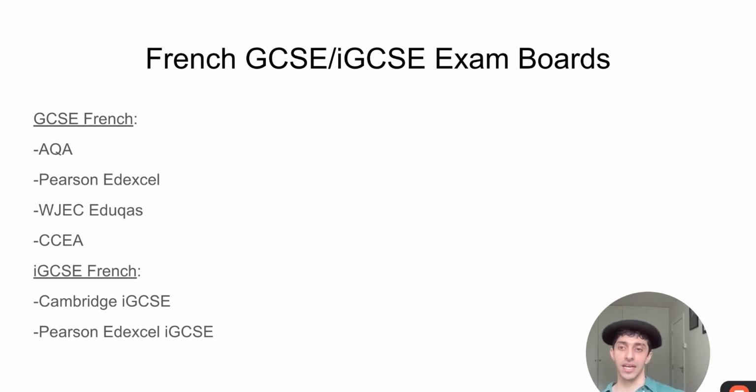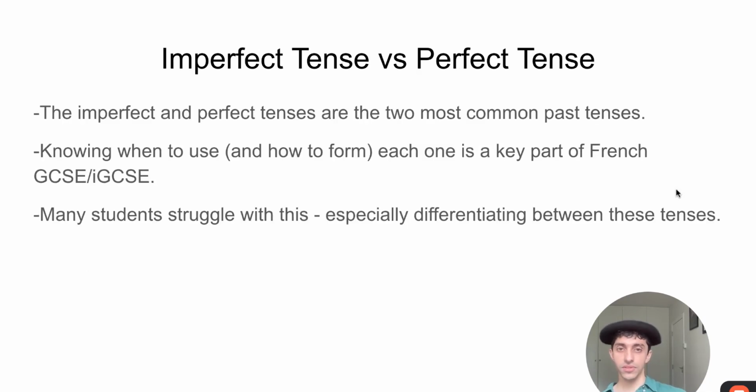But today, in this video, we're looking at a commonly difficult aspect of French grammar, and that will be the same regardless of the exact exam board that you are studying. So that means that this video will be relevant for everyone, which is good news. So let's start to look at the imperfect tense and the perfect tense.